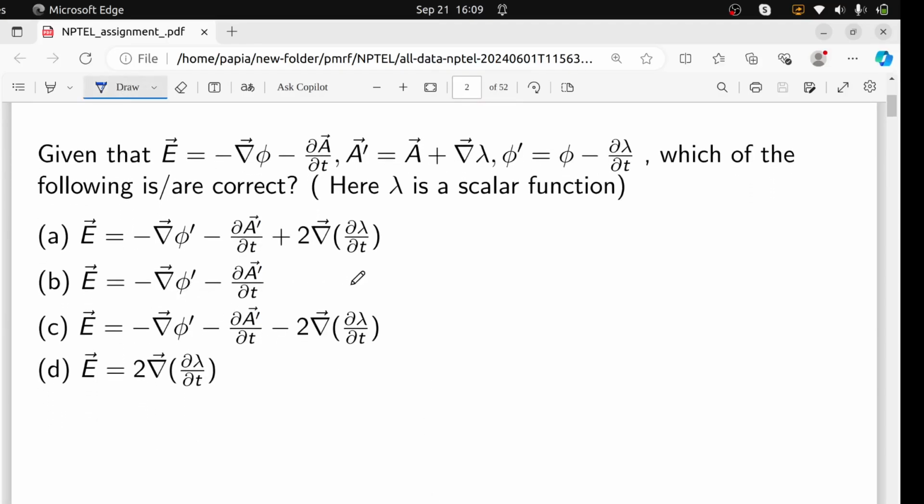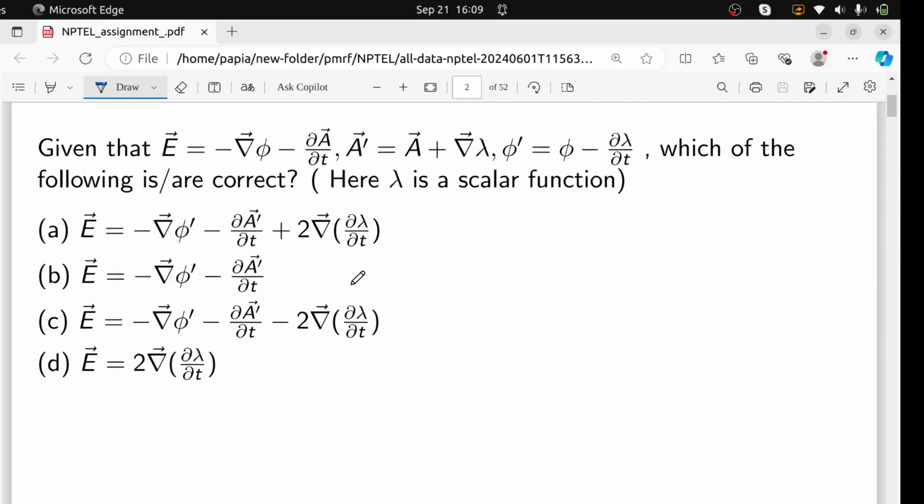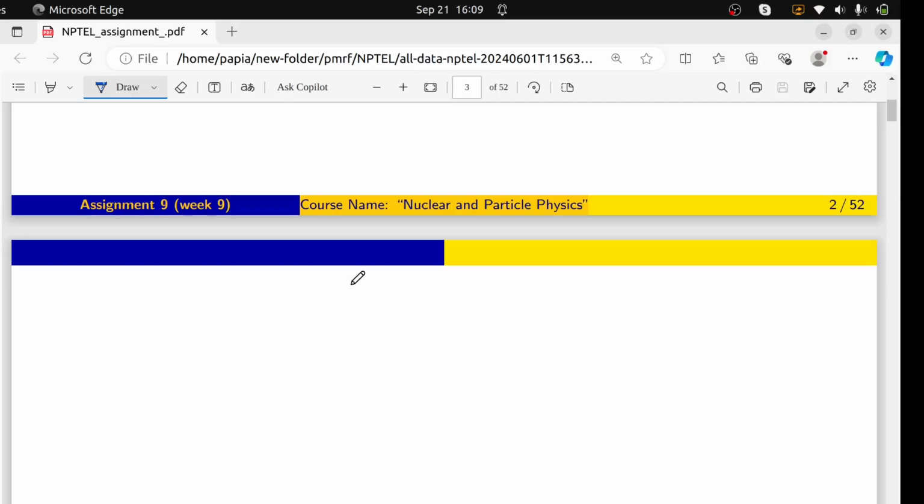You can see in that question, on the left hand side, all the terms are in terms of E only. But on the right hand side, it is in terms of phi prime, A prime. So obviously we have to change our phi to phi prime, A to A prime to get the answer A, B, C or D. For that, we can first write the expression whatever is given.